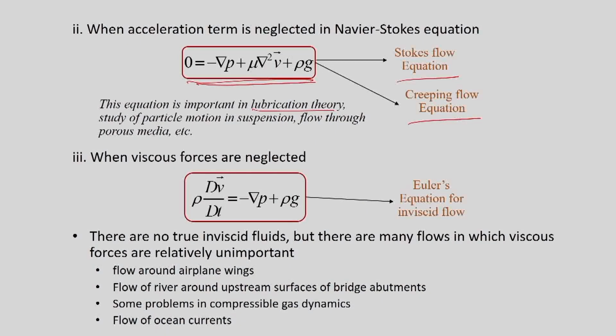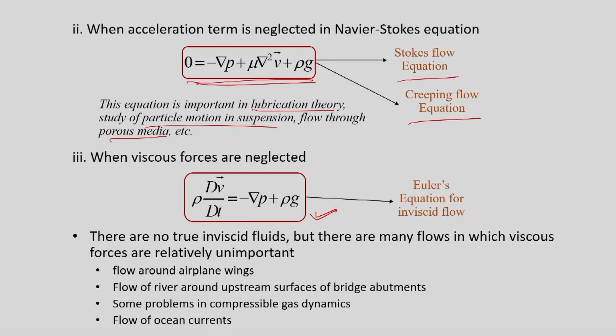Such conditions we can see in general in lubrication theory, particle motion in suspension, flow through porous media, etc. At the other extreme of the Navier-Stokes equation, if you do not consider the viscous forces, then you have rho Dv by Dt is equal to minus del p plus rho g. That is Euler's equation for inviscid flow.